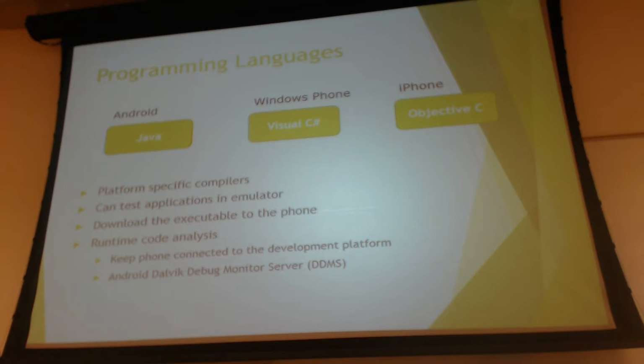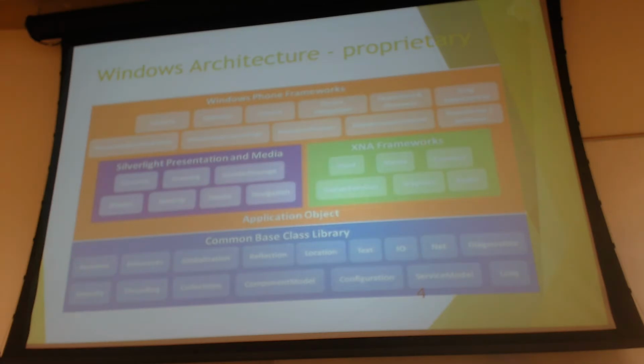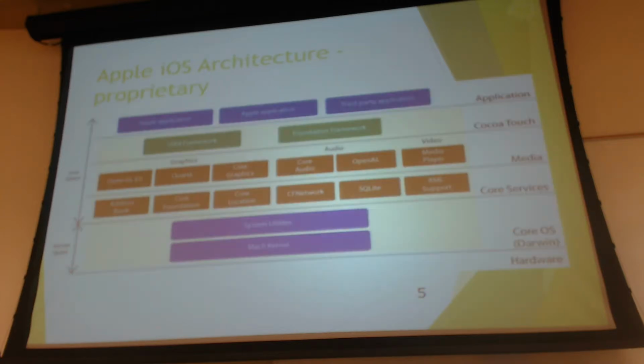But what we'll do is we'll talk about the architecture, the underlying operating system, and the APIs that you will use to program. Right? So this is the Windows Phone operating system, the Windows architecture for programming. It includes both the operating system as well as the application program interfaces (APIs) that you can use to write applications. So this is Windows, this is Apple.